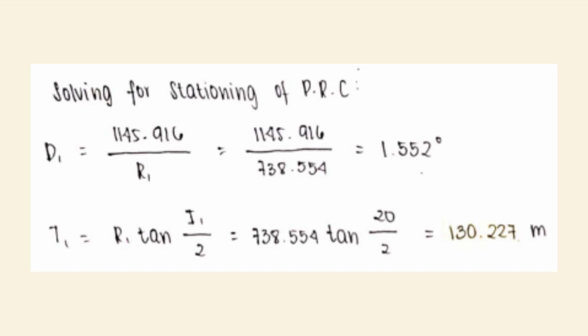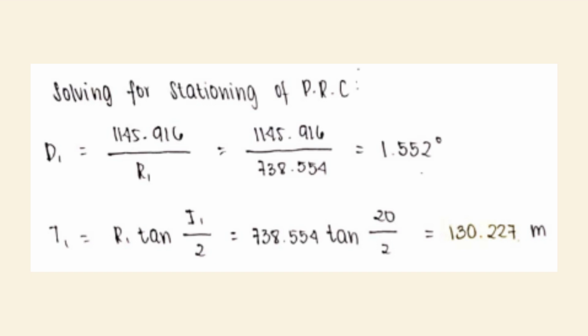So the equation would be D sub 1 is equal to 1145.916 divided by R sub 1. It is now equal to 1145.916 over 738.554. So D sub 1 is equal to 1.552 degrees.